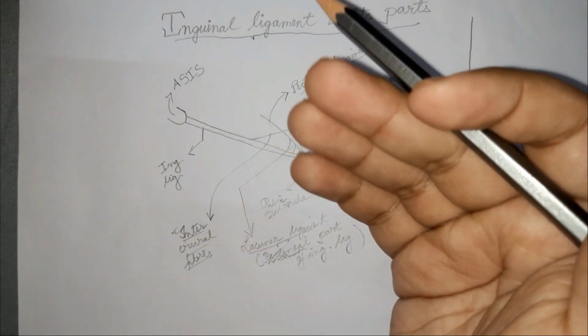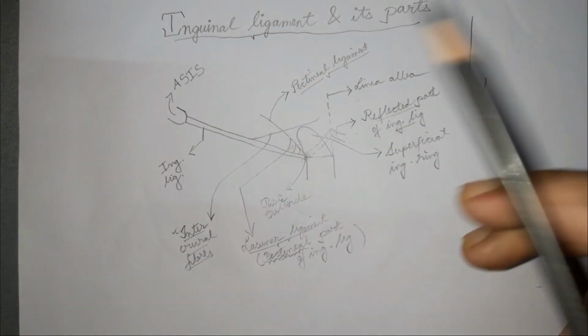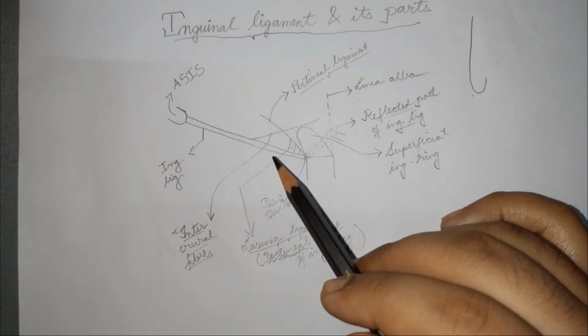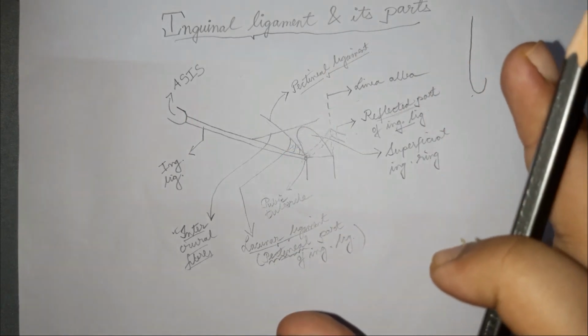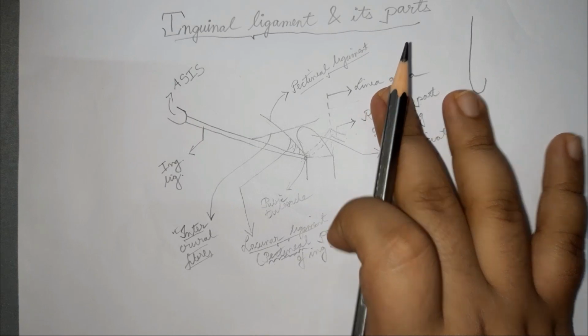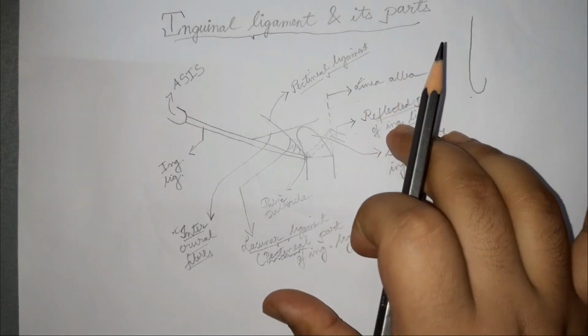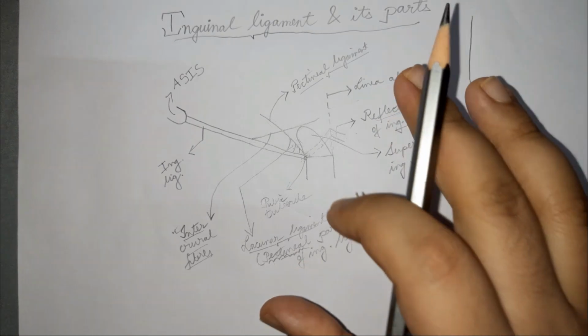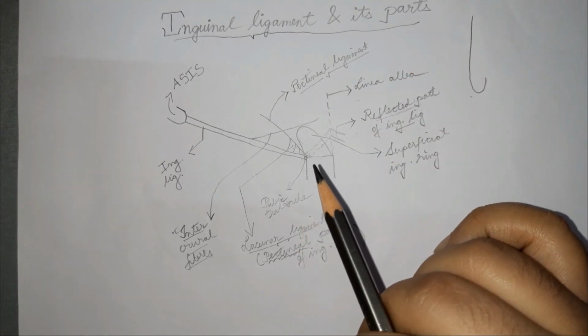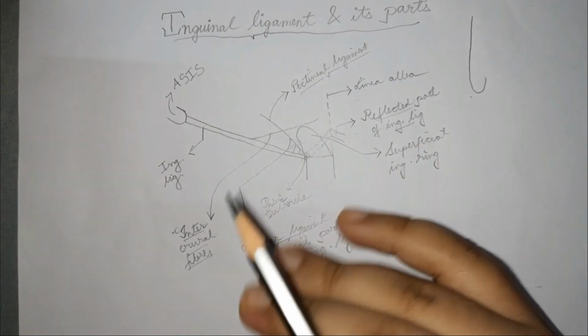In the atlas, this will be very clear. So this is just to give you a very simple overlay of the inguinal ligament and its parts. Now let's move on and see these things in a little more detail.